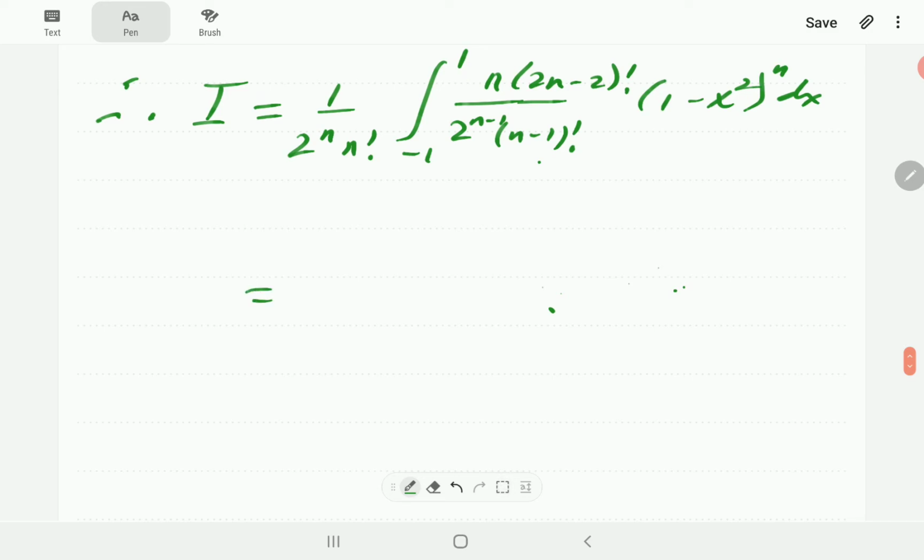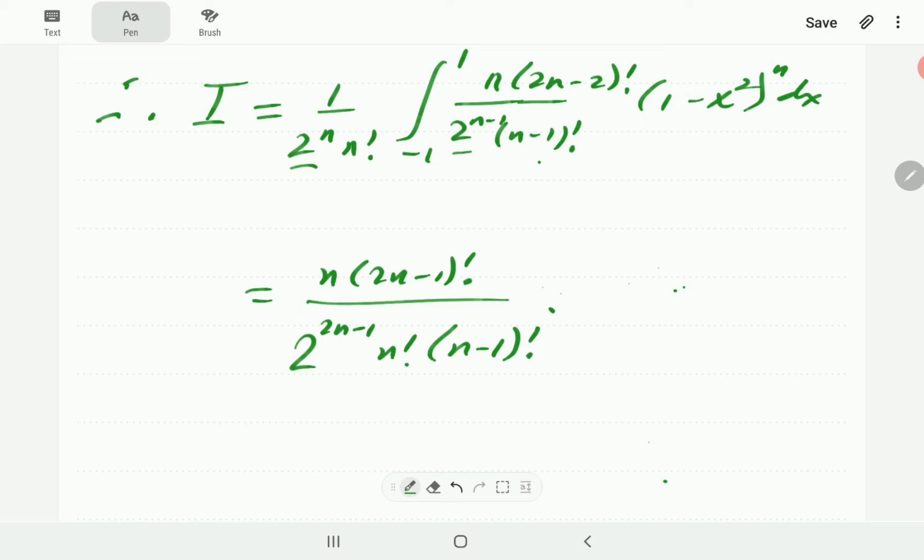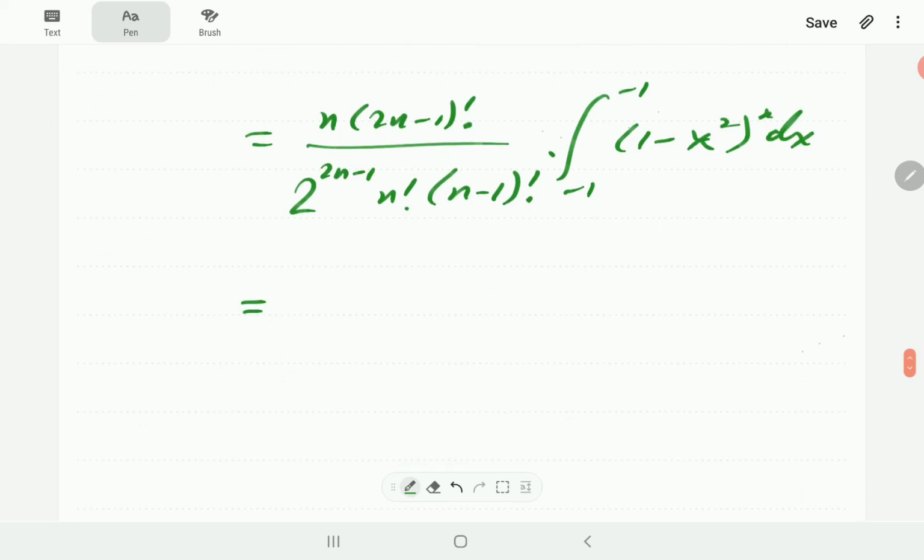And so if we just take the constants outside the integral sign, this times that is going to be 2 to the power 2n minus 1. Then we're going to have n factorial times n minus 1 factorial. Then the integral from minus 1 to 1 of 1 minus x squared to the power n, which is a standard integral that we have talked about.